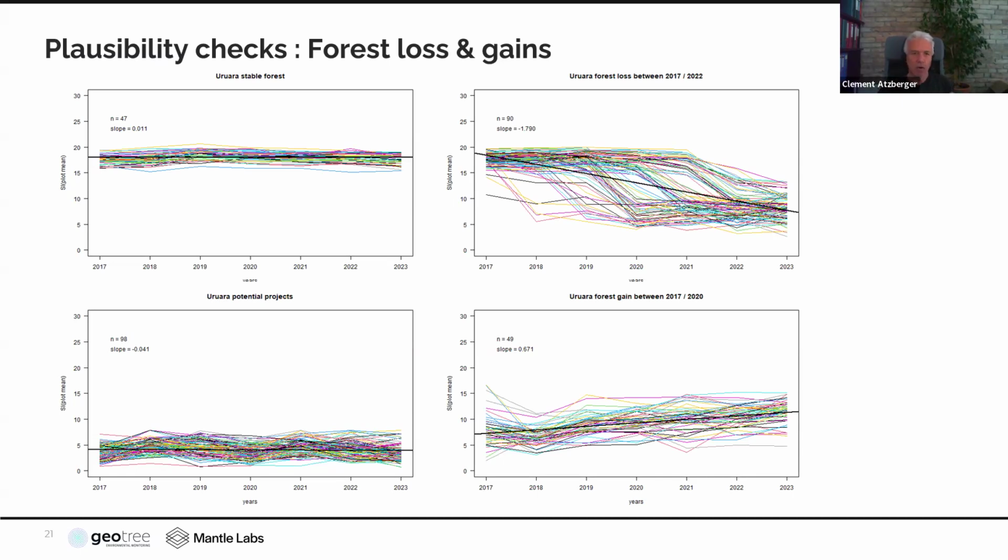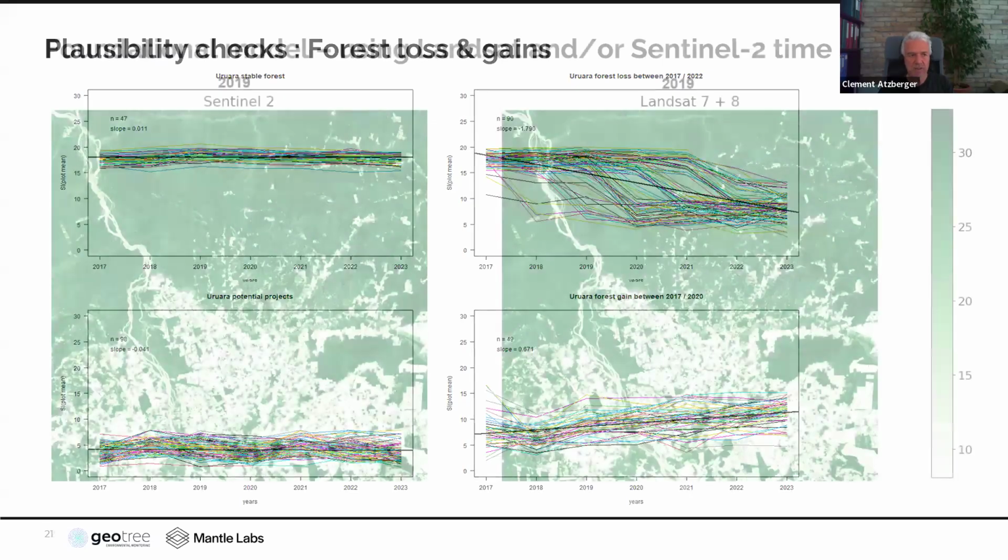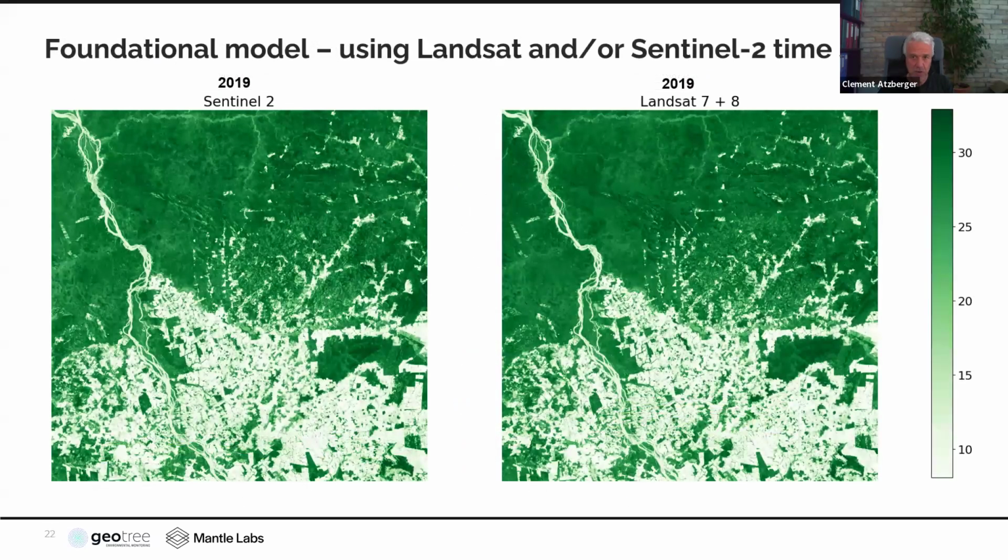So this is still all about Sentinel, but Sentinel does not give you the 10 years that I'm talking about. Sentinel is only available since 2017, the A and B. So what we did here is apply the same Barlow Twins model trained on Sentinel data of 2019 to Landsat imagery.